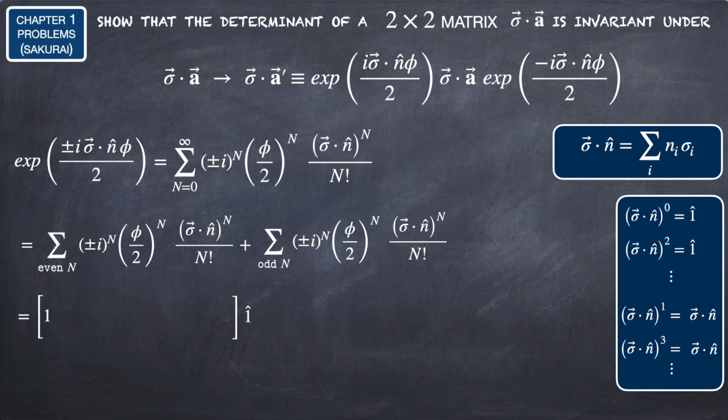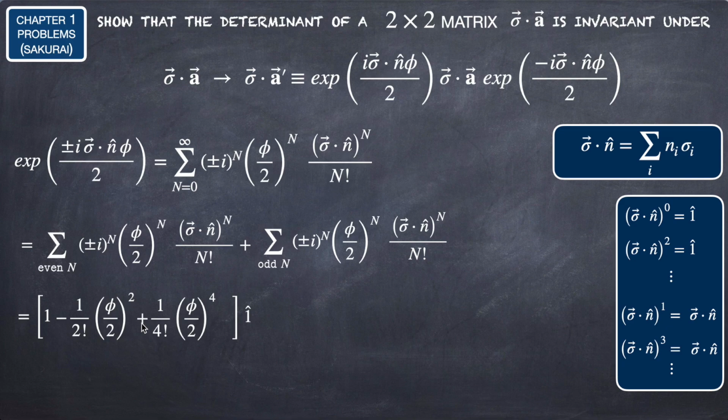Okay, when N is equal to 2, we will get i squared, which is a negative sign here, minus i squared is the negative sign as well. So you'll have 1 over 2 factorial, phi over 2 to the power of 2, and when N is equal to 4, since i squared is minus 1, then i to the power of 4 is going to be plus 1.